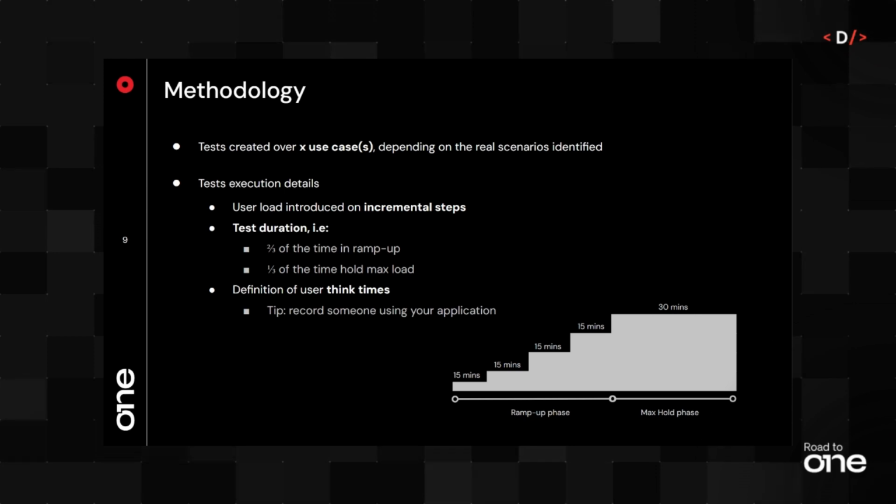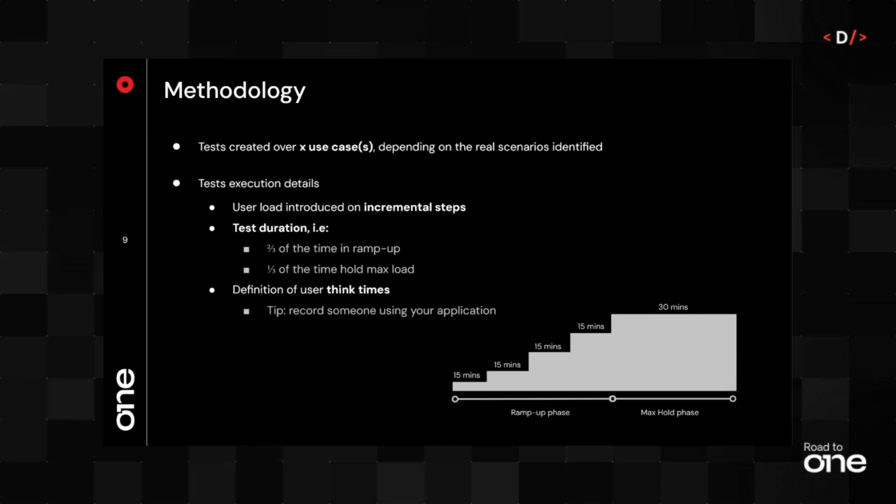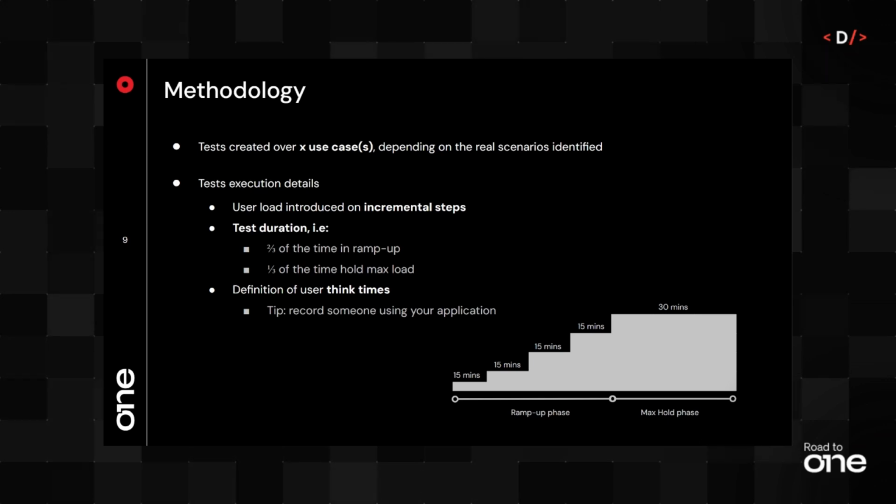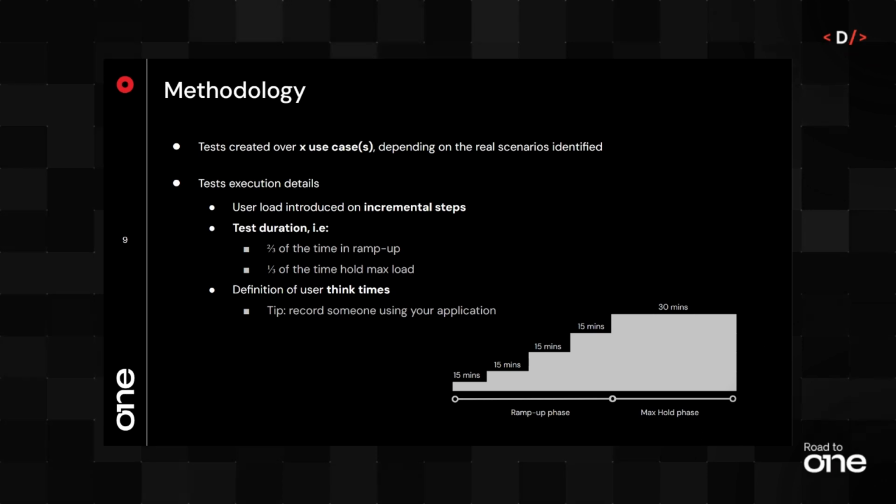So as we increase the amount of concurrency throughout a certain period of time, the steps could be configured as blocks of 15 minutes, like we have in the example, but could also be blocks of 2 seconds, so way more steps throughout the test.